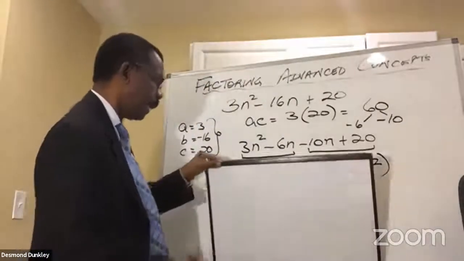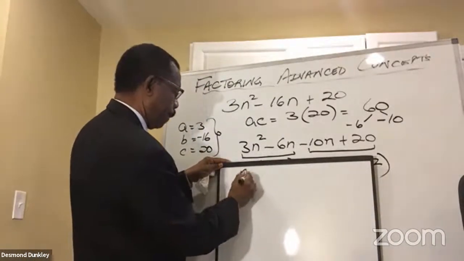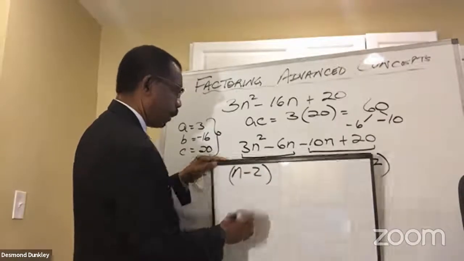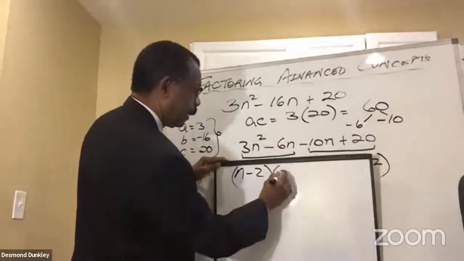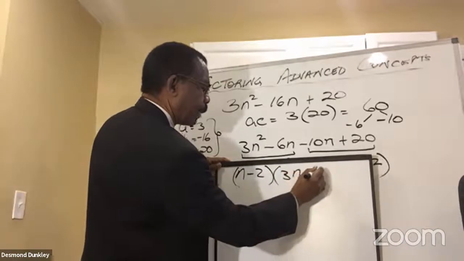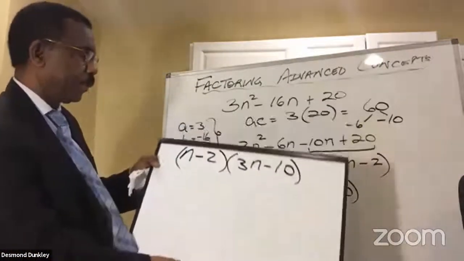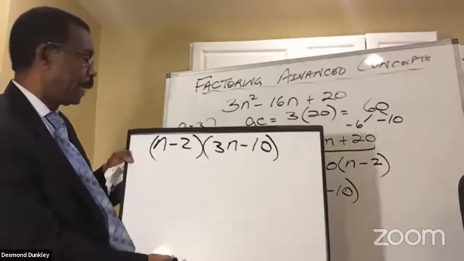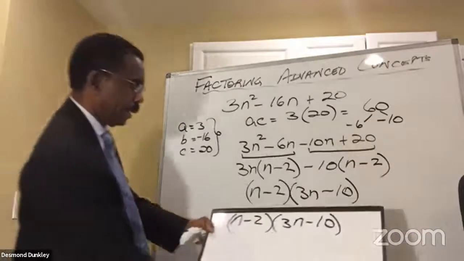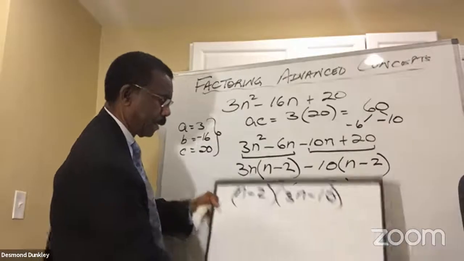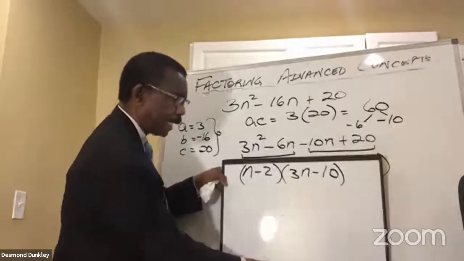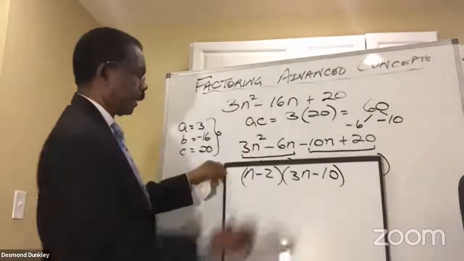So we have n minus 2 times 3n minus 10. There it is. Same thing. I am going to check to see that we end up with that.